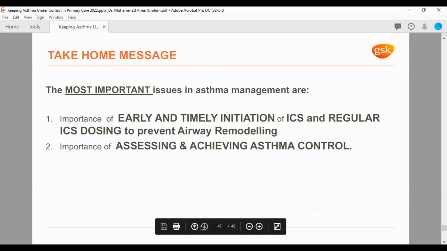So my final message is, it's important to start early and timely initiation of inhaled corticosteroid, and we should give it in regular dosing to prevent airway remodeling. Hopefully, this will translate to better achievement of asthma control in our patient.